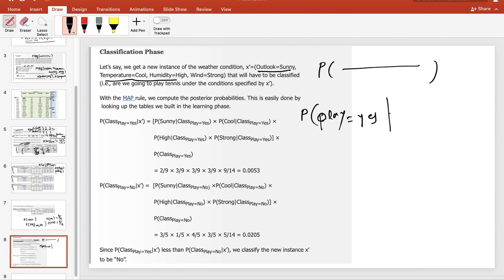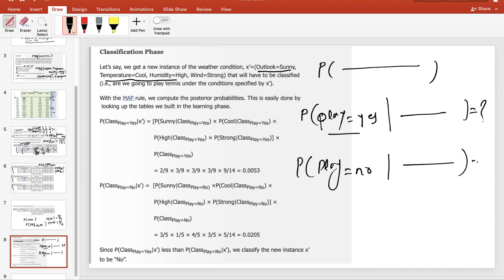So that's what we want to find. And then the probability of play is equal to no given these weather conditions. Whichever probability is higher, we'll go with that class. That means on this day we will either play or not. That will be decided by this probability.